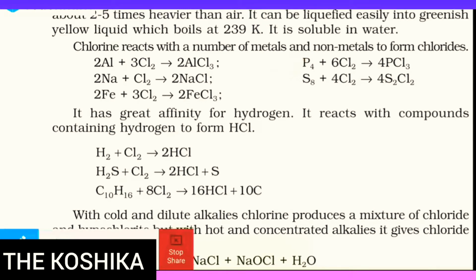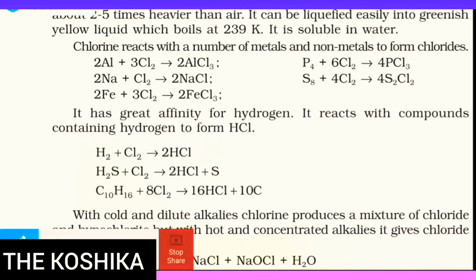It has great affinity for hydrogen. All halogens have great affinity for hydrogen. It reacts with compounds containing hydrogen to form HCl. It reacts with hydrogen easily to form HCl.